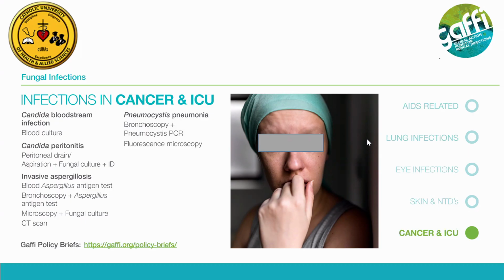Hence, the patient is at very high risk of getting fungal infection. So patients with cancer and patients who are admitted in ICU are at high risk of invasive fungal infection, including invasive candidiasis, the candida in the blood. And they are also at very high risk of getting invasive aspergillosis, from chronic pulmonary aspergillosis to invasive aspergillosis. Patients in ICU and patients with cancer are at very high risk.